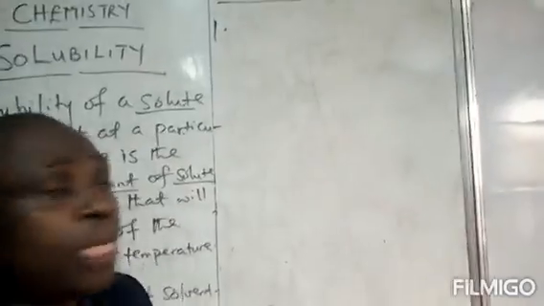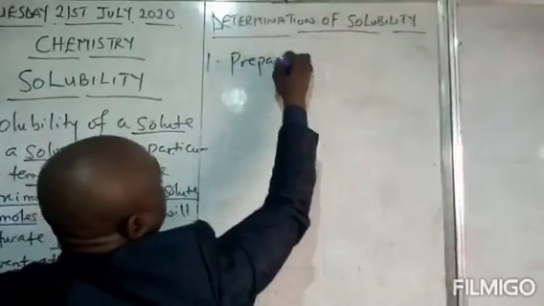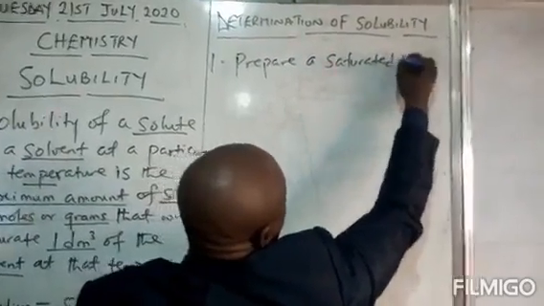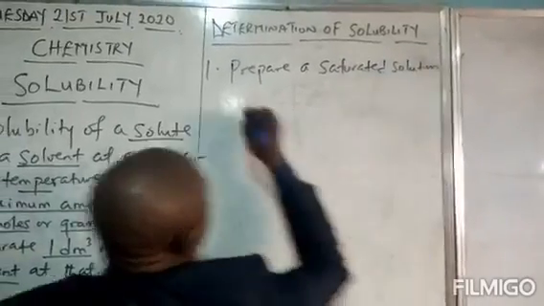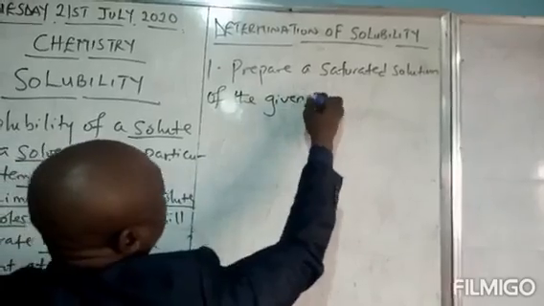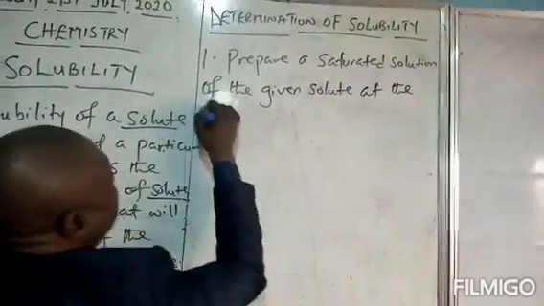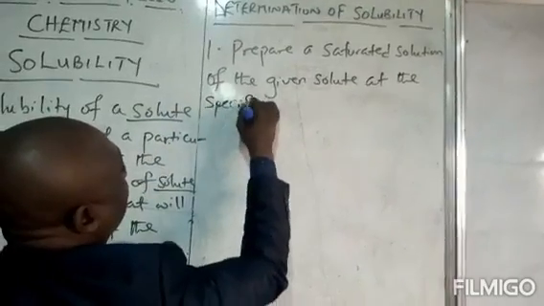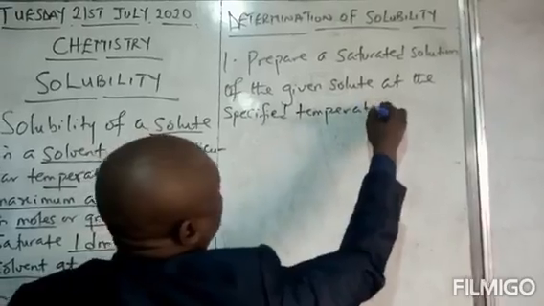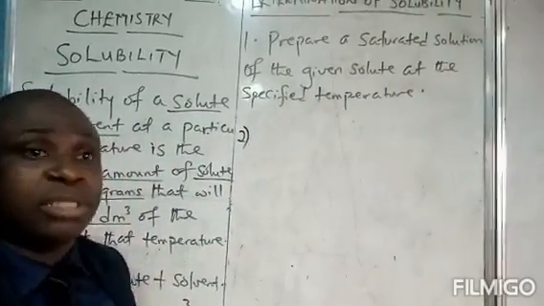The first is that you prepare a saturated solution of the given solute at the specified temperature. Take note of that. Remember that you can't talk about solubility without temperature.